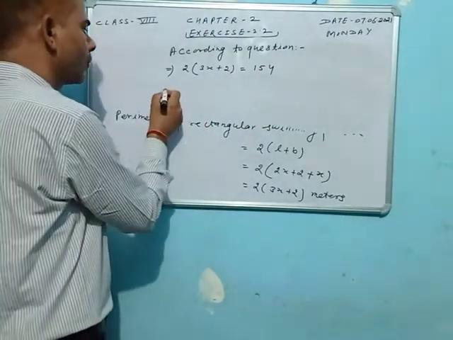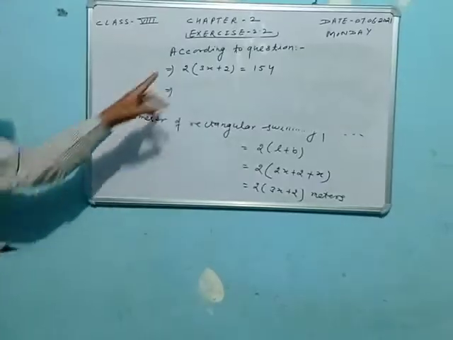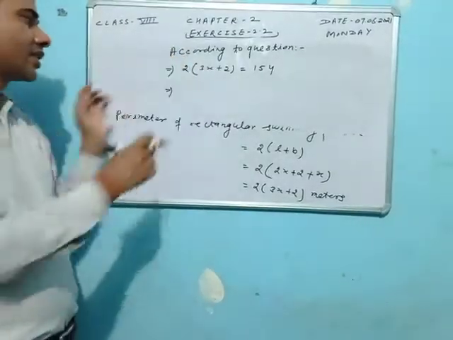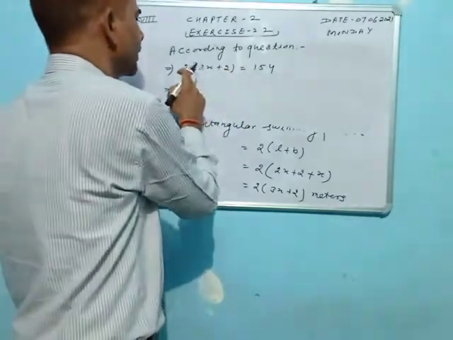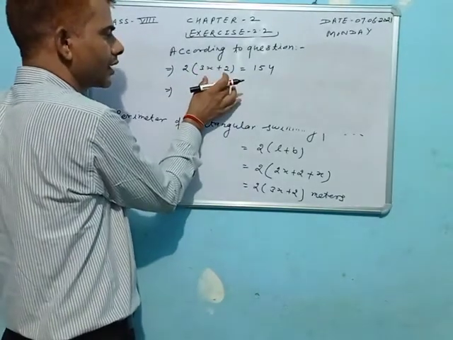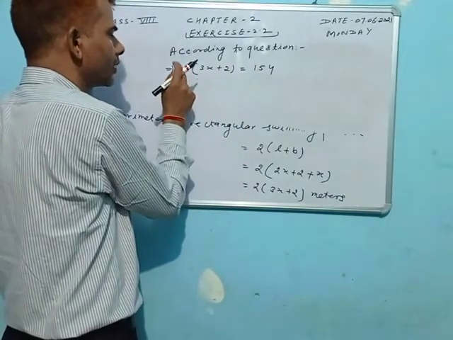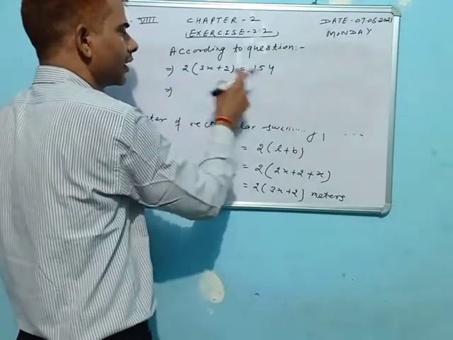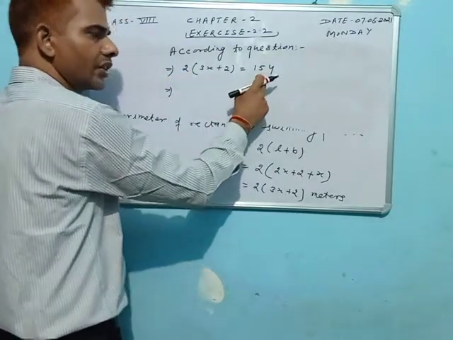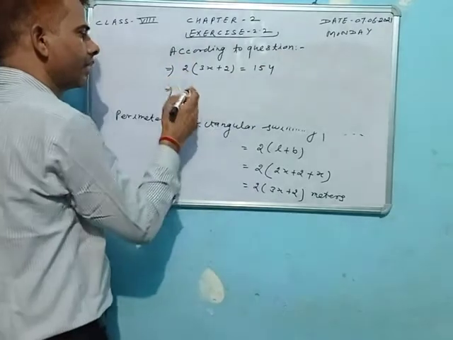Now students, we have to find the value of x. As you know, this 2 is multiplied to this. If we transfer 2 to this side, the multiplication sign changes into a division sign, so 154 divided by 2.